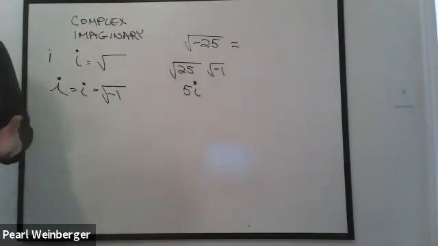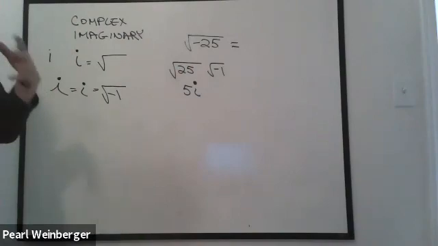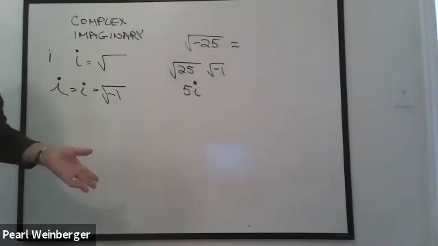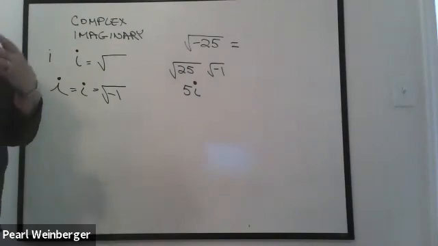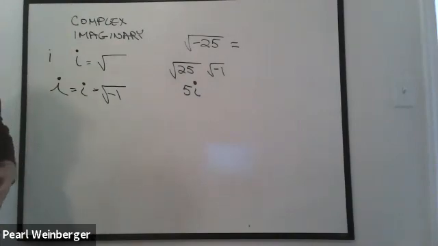Whenever I'm going to be working with these numbers, I'll tell you to give your answer in terms of i, or give your answers in a plus bi form. I'll somehow mention that I want something with an i in it.